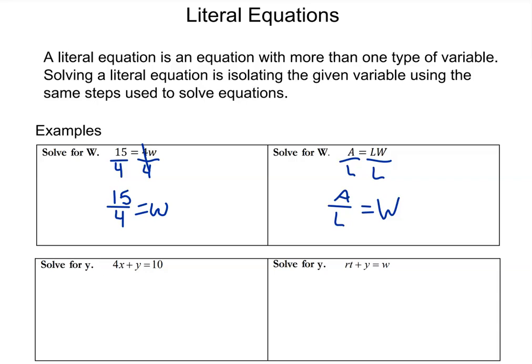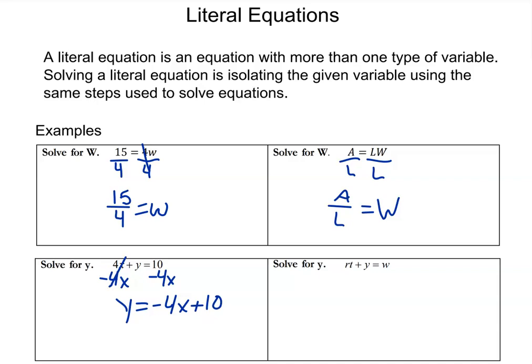Now we're actually going to subtract 4x from each side. That gets rid of it on the left side. Remember, 10 and 4x do not have a common variable, so they are not like terms, so they don't combine, they just stay separate. So your answer ends up being y equals negative 4x plus 10.